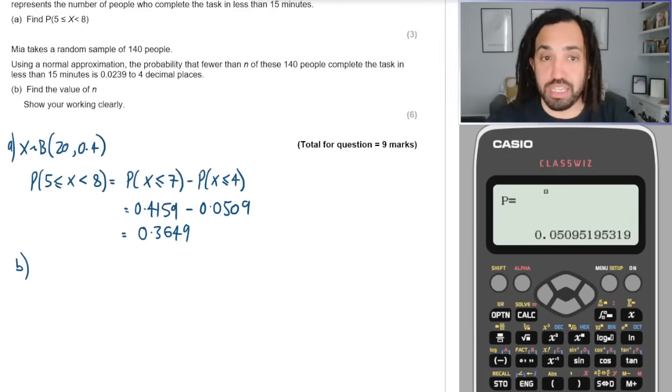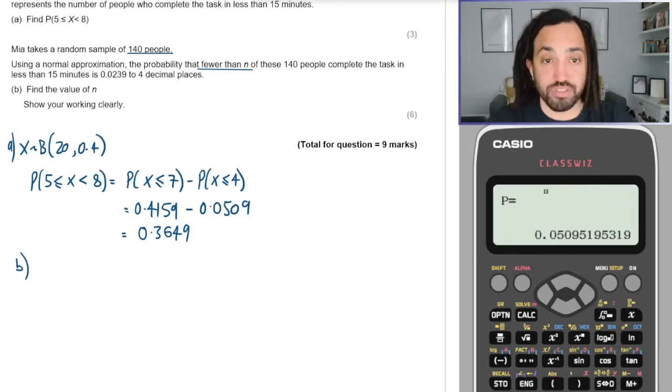Okay, so part B, and we've got a random sample of 140 people this time. It says using a normal approximation, the probability that fewer than n of these 140 people complete the task in less than 15 minutes is given as this, to 4 decimal places.